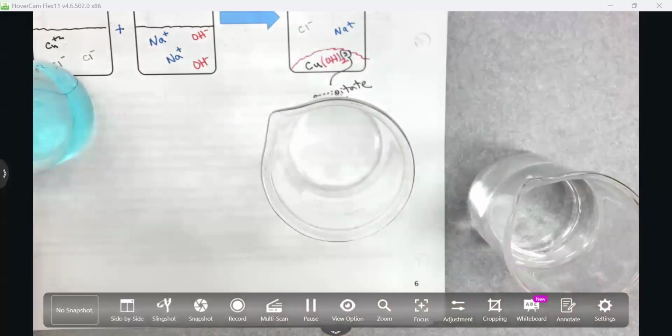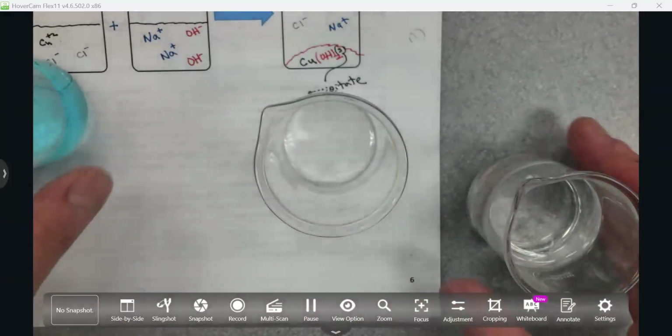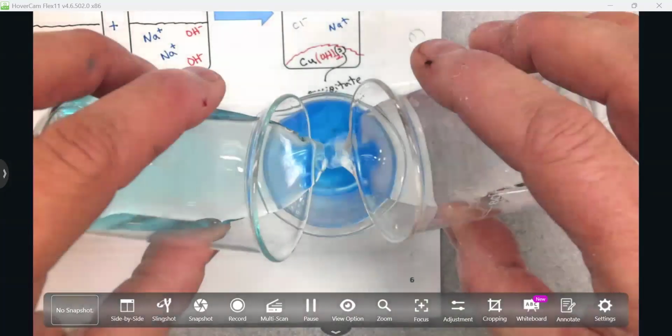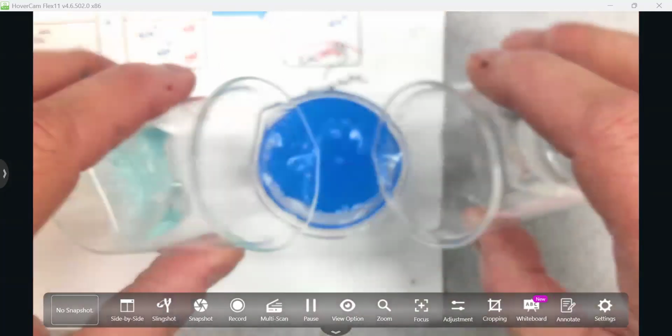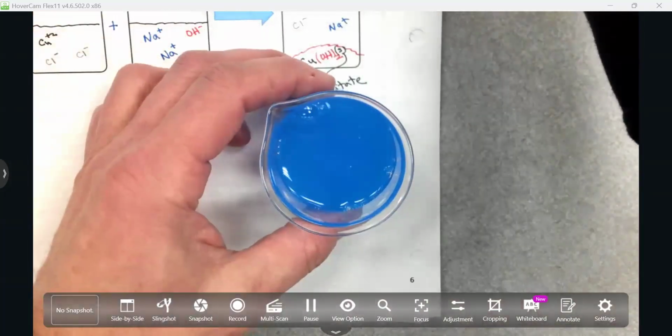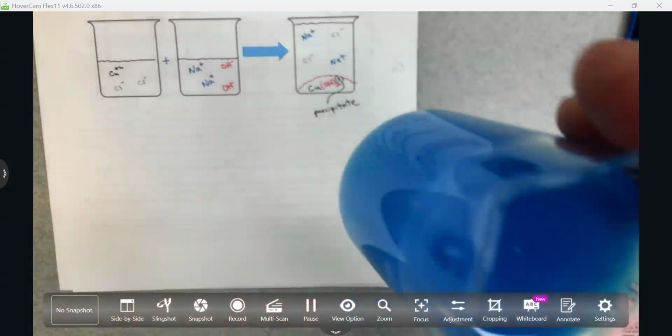Now, they don't go to the basement immediately. They chit-chat for a while, and you're going to see that. And that solid in there.